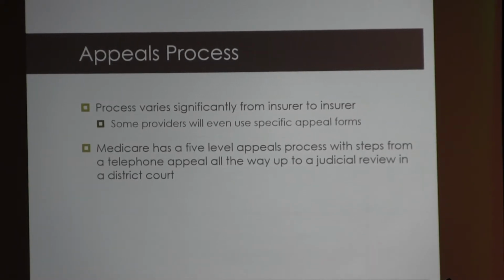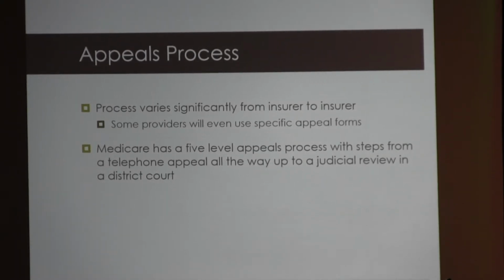And the appeals process. This is the most variable process that exists in this realm of coding and billing. It varies from insurer to insurer. Medicare has 5 levels, and insurance companies piggyback on all of the information that Medicare usually provides.